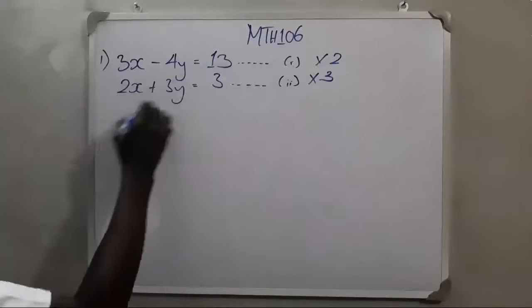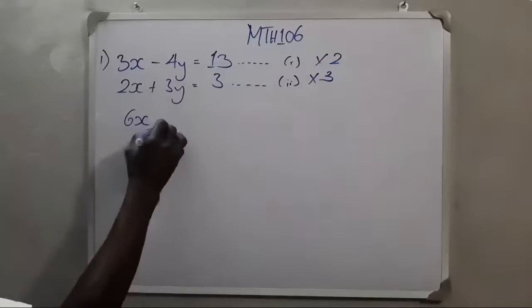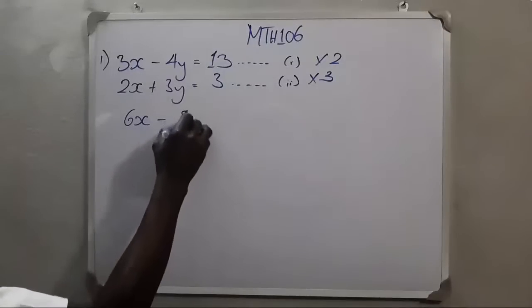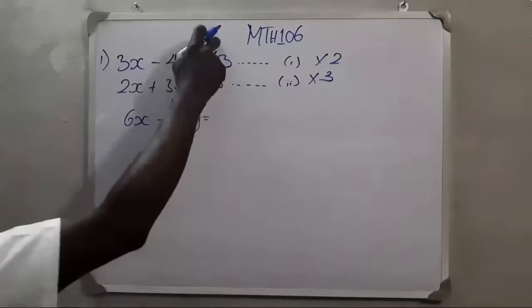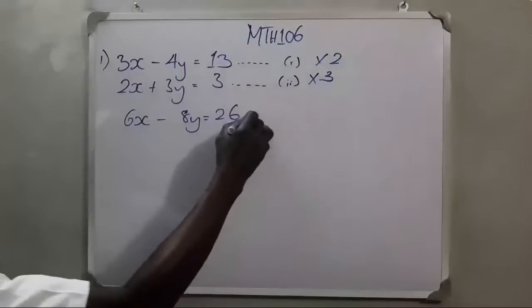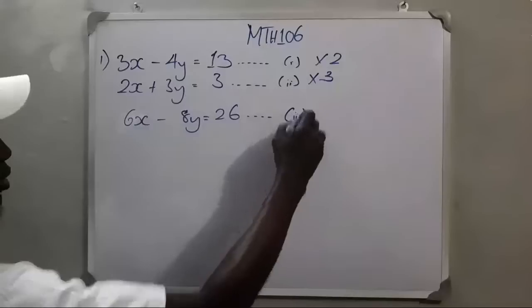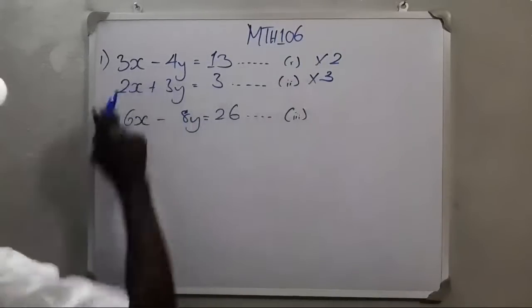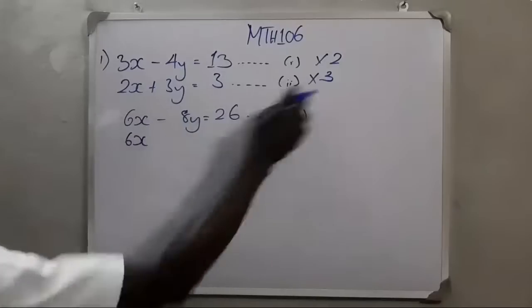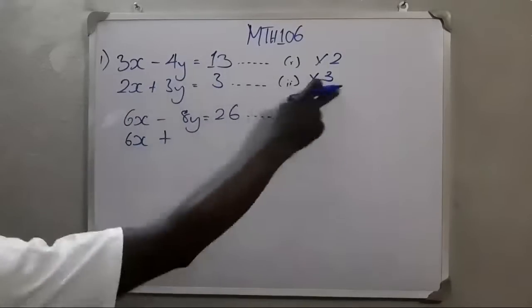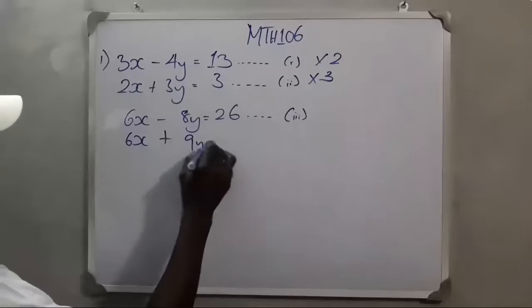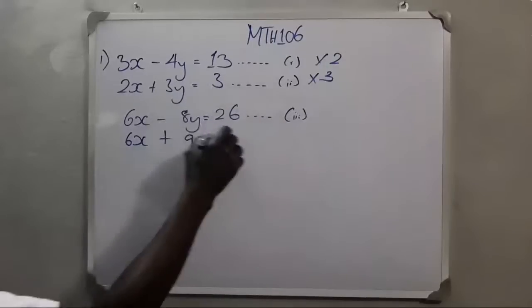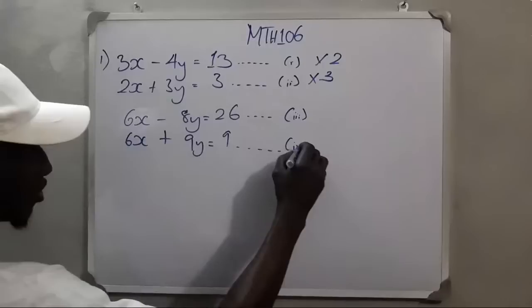This is 6x minus 8y equals 26, equation 3. And we have this multiplied by this gives us 6x, with the positive sign. We multiply this by 3, we get 9, and we multiply this by 3, we get 9. So this is your equation 4.